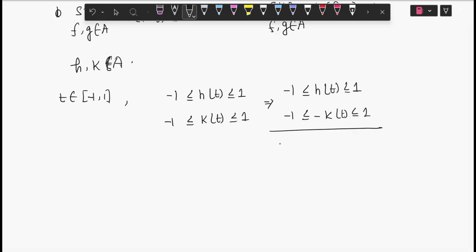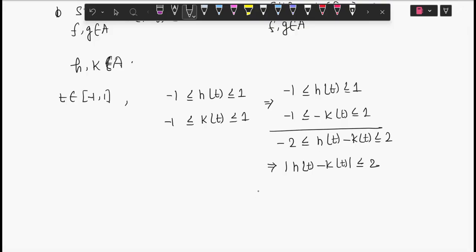If I add them, I would get -2 is less or equals to h of t minus k of t is less or equals to 2. That would imply mod of h of t minus k of t is less or equals to 2.